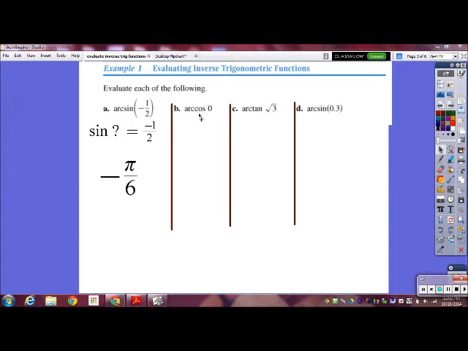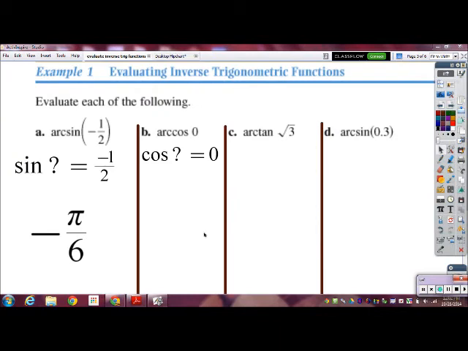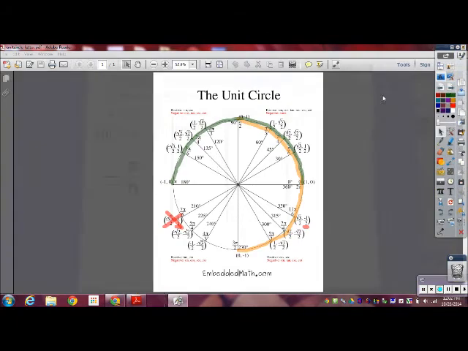So now let's move to arc cosine. And this is asking arc cosine of 0 is what? So again, let's think of it as cosine of what angle would give me 0. And so I go to my unit circle and use the restrictions given to try to evaluate. So cosine of what equals 0. And remember, cosine is linked with your x values.